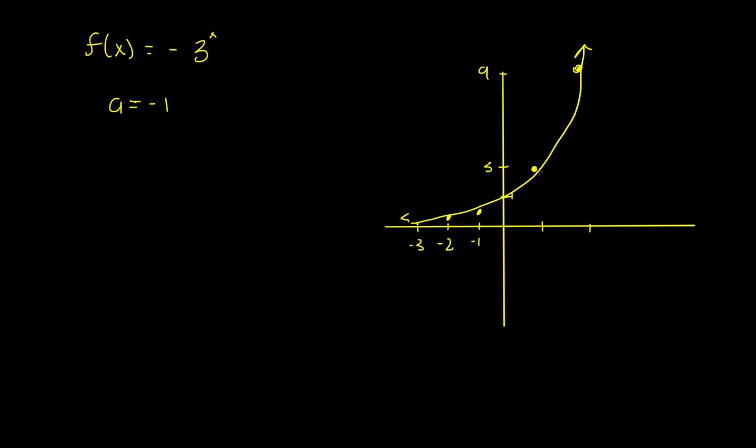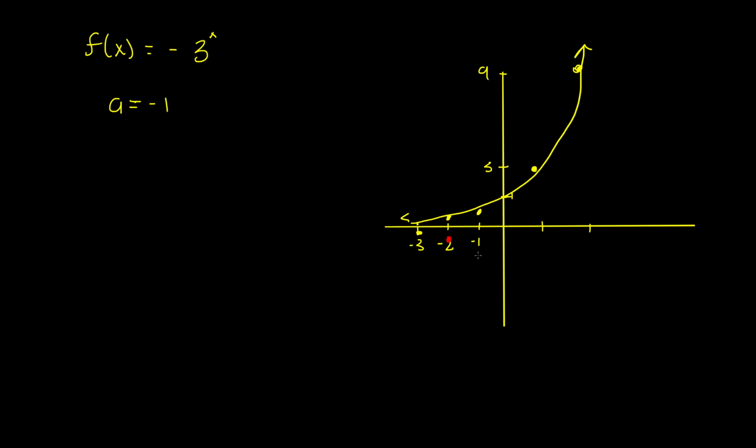But now we're going to take each one of these values and multiply each one by negative 1. So this value of positive 1/27 now becomes negative 1/27. This one of 1/9 becomes negative 1/9.